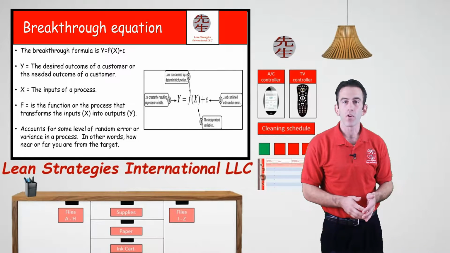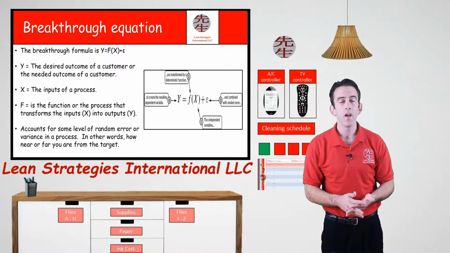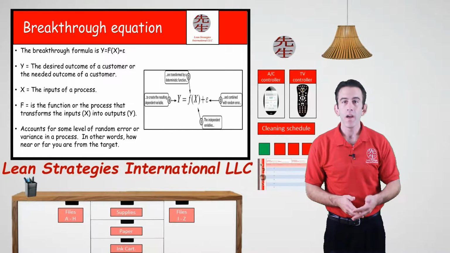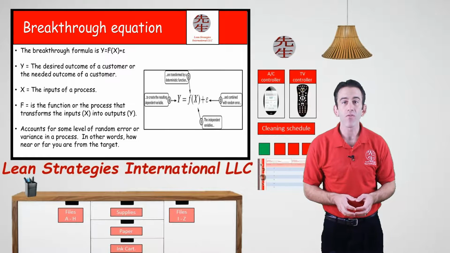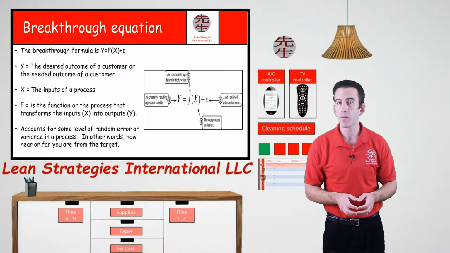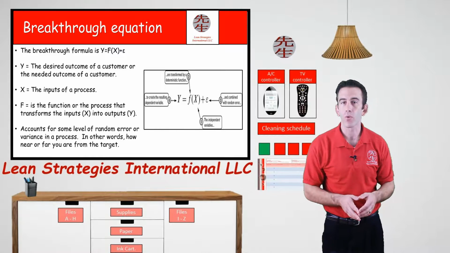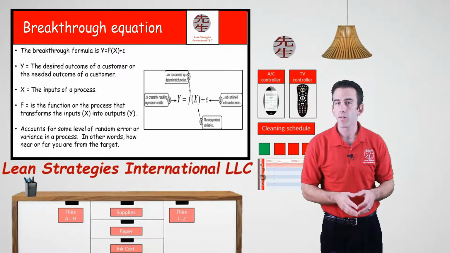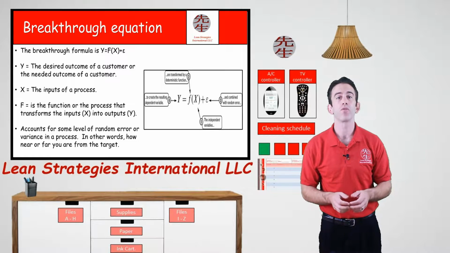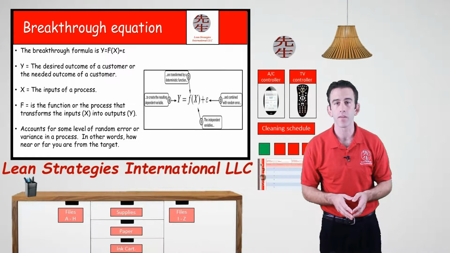The y is representative of the desired outcome of a customer and what they are seeking. The x represents the inputs of a process, and the f represents various elements that may be applied to that process in order to control and improve outputs. Epsilon, as noted earlier, accounts for some level of error or variance in the process.